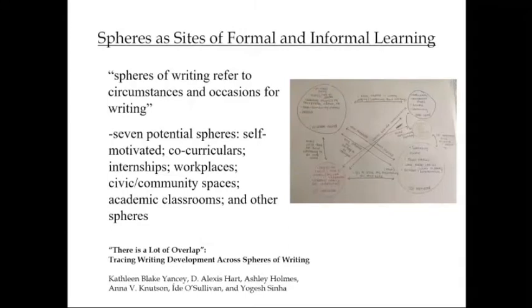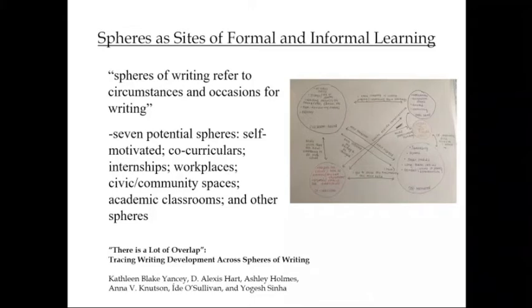There we go. So one more thing before we look at models, it has to do with spheres as sites of formal and informal learning. Here I'm drawing on a research project that happily enough involves Ireland. It's a research project looking at sites of writing for college-level students. It includes four people in the States, my colleagues, Alexis Hart, Ashley Holmes, and Anna Knudsen.